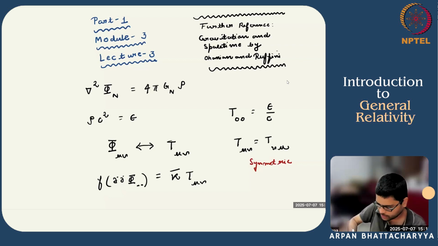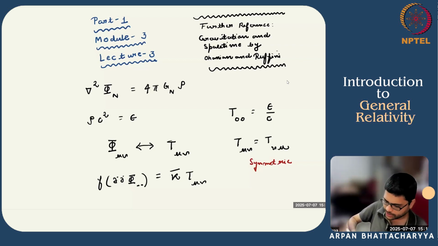Otherwise, the left hand side and right hand side will not have the same nature under the Lorentz transform. And also, after contracting two out of the four Lorentz indices, it should be symmetric under the exchange of the remaining two free Lorentz indices.